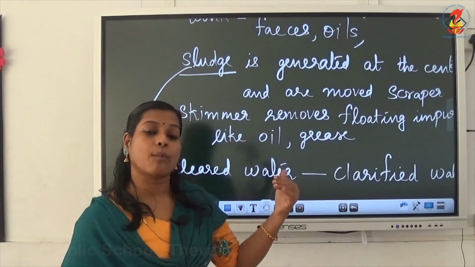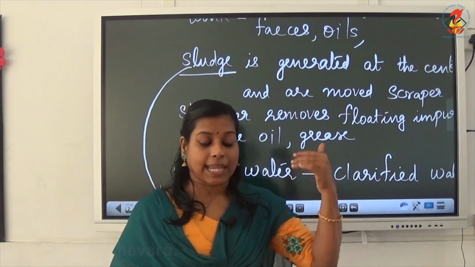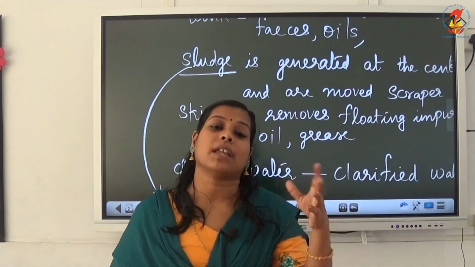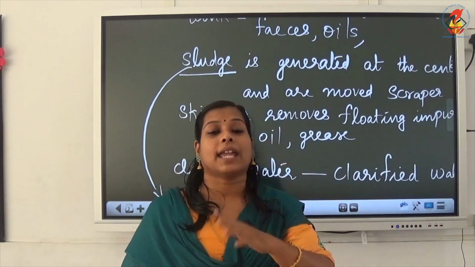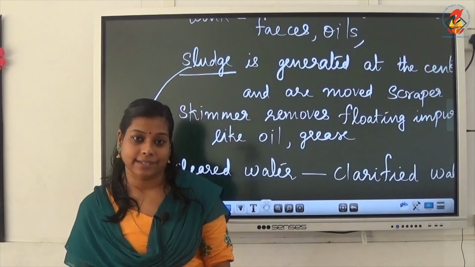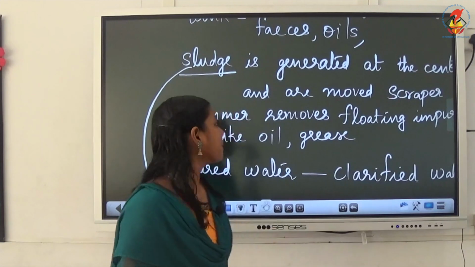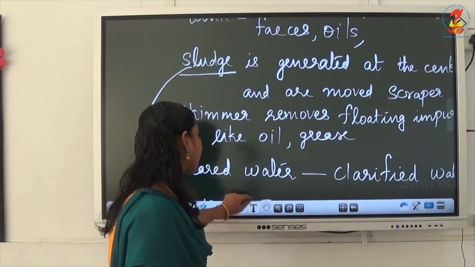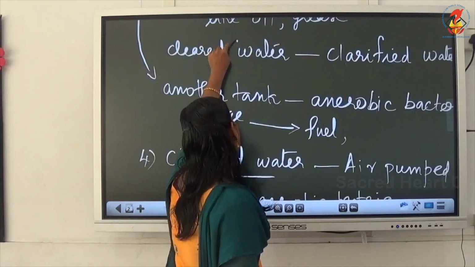When the sludge is removed to another tank, the anaerobic bacteria will start acting on that, and after that we can use it as a fuel, or it can be used to generate electricity. Okay. Then after that we are taking that clarified water to the fourth stage.